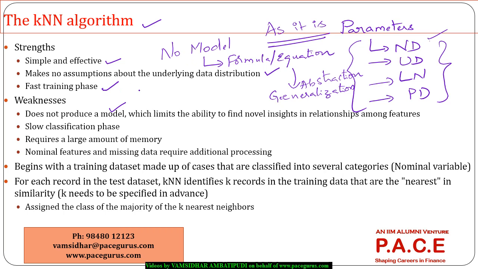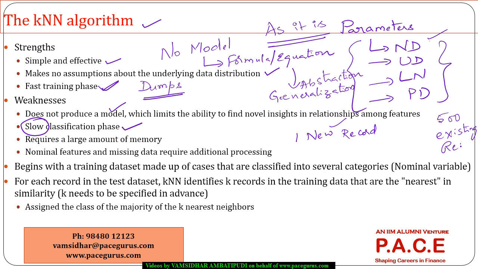So that's the reason what it typically does is it actually dumps the whole data in the memory. No abstraction, no generalization. And because of that reason, the training phase is much faster. But the classification phase is very slow, because if it has to do the classification of one new record, it will compare this one new record with all the 500 existing records. Let's say we have 500 existing records in the data.